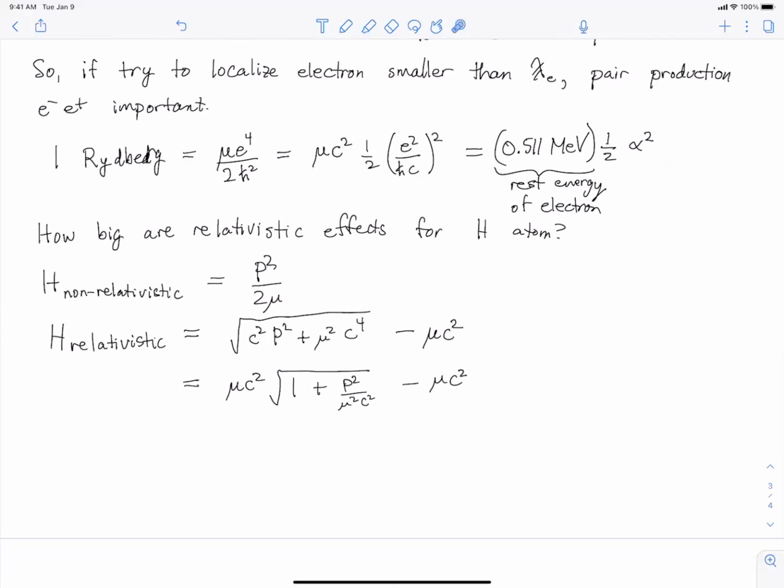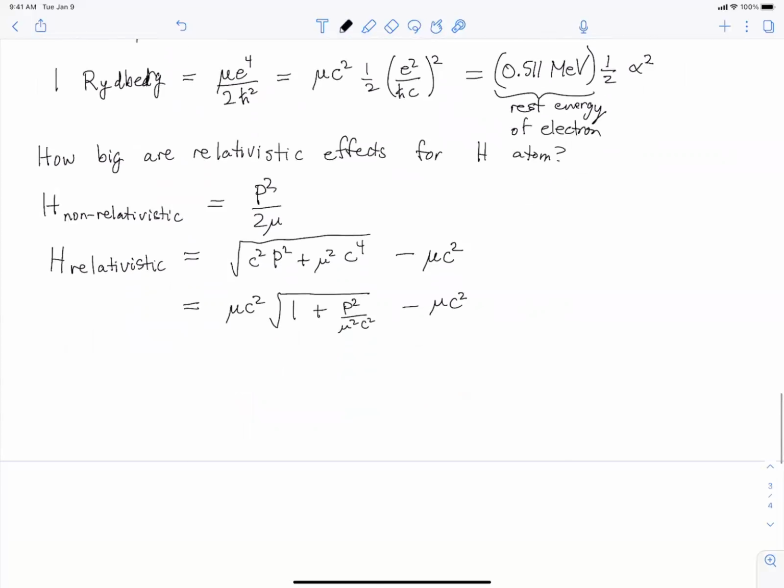Okay, and then we recognize for small p, this number is very close to 1, so this term is trying to cancel this term. But let's see how close it comes to canceling. So we can do that by expanding the square root like this.